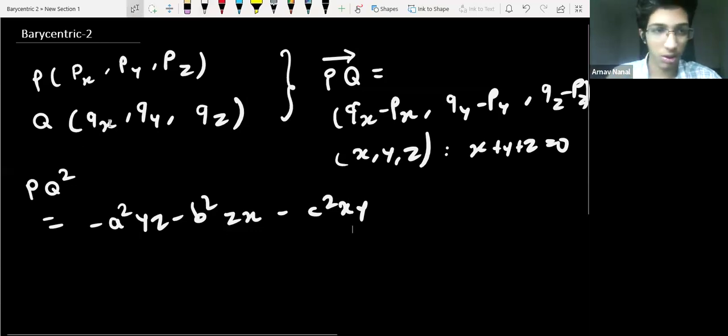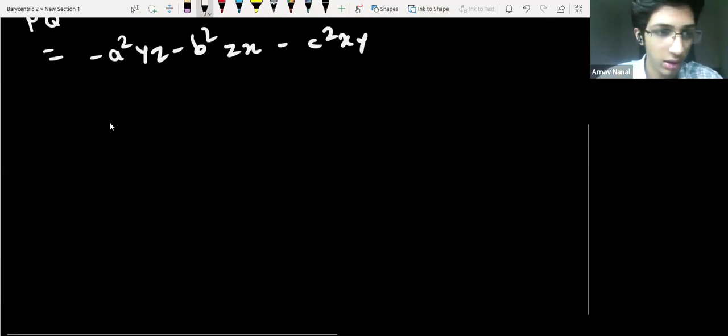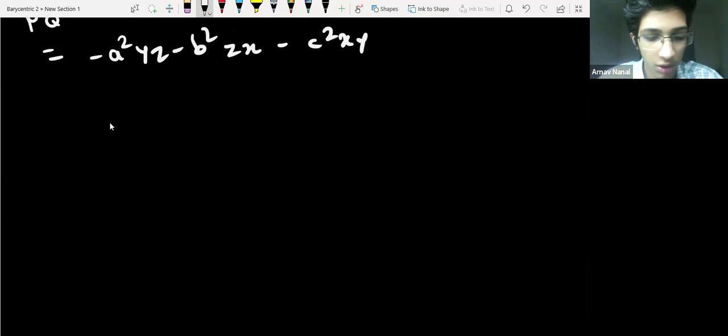After that, you have the barycentric circle. Any circle in barycentric takes the form. In a plane, how many degrees of freedom does a circle have? Can anyone quickly tell? I'll repeat my question.